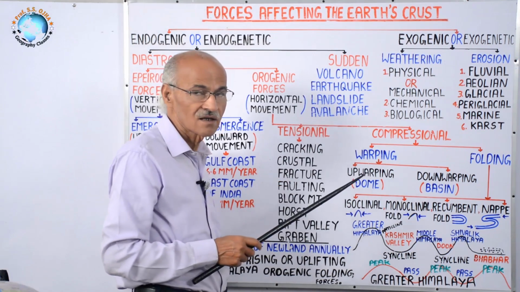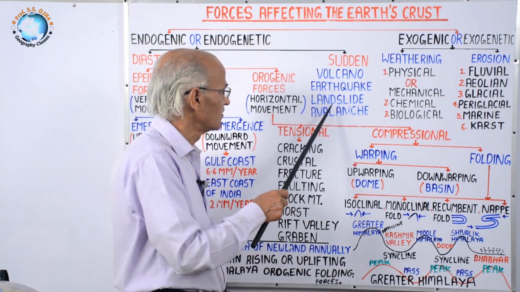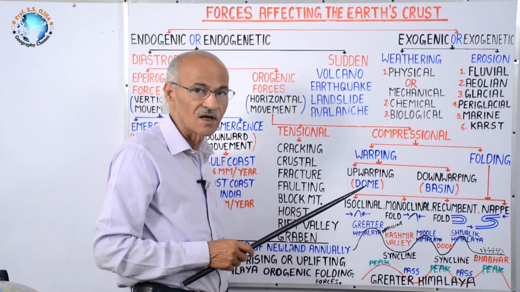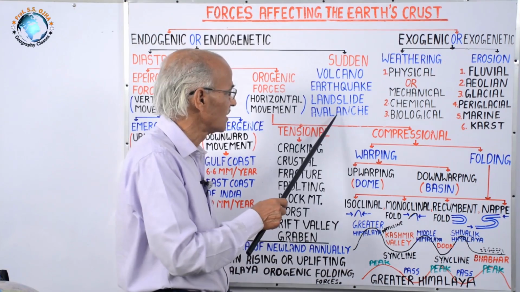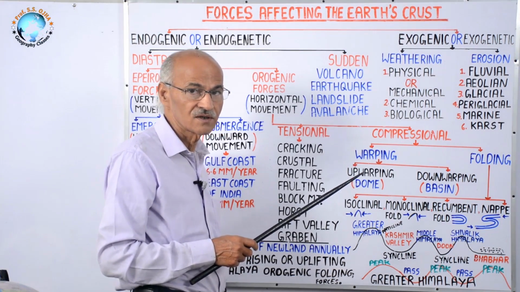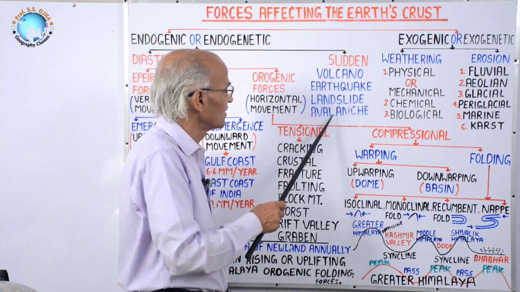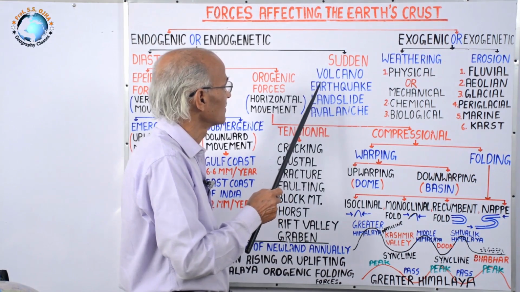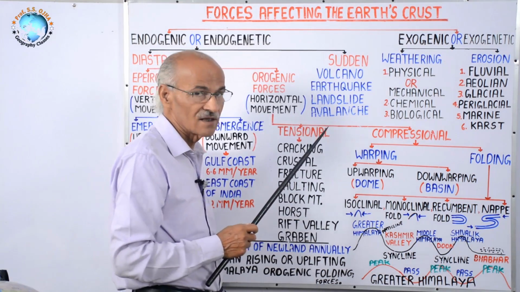A landslide occurs in a mountainous region in the rainy season along a very steep slope, and an avalanche is also the sliding of a large volume of ice from snow-covered mountain peaks during winters. And these are the four sudden forces which are put in the endogenic category.